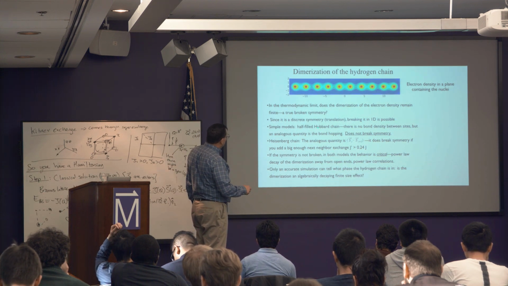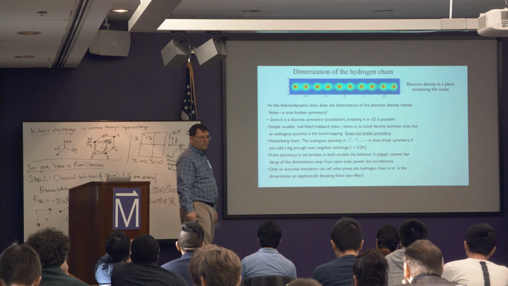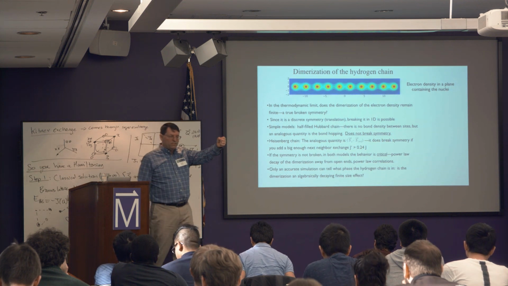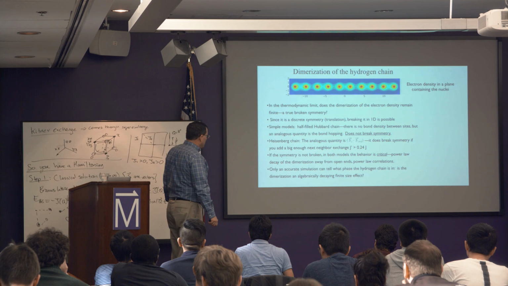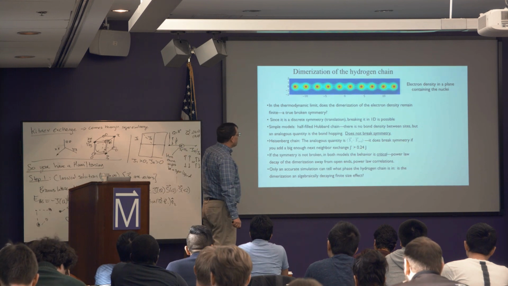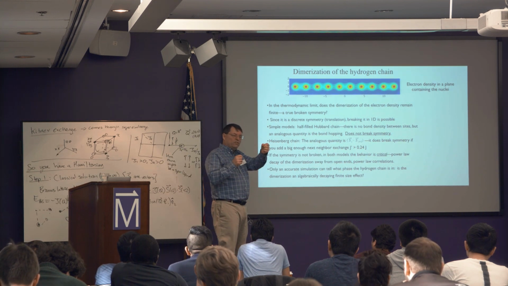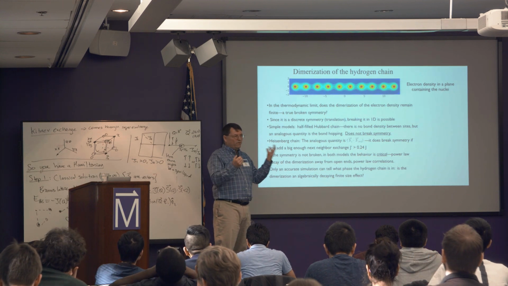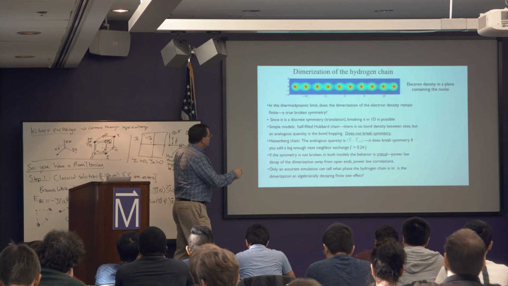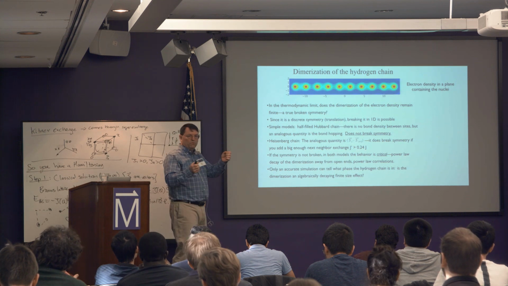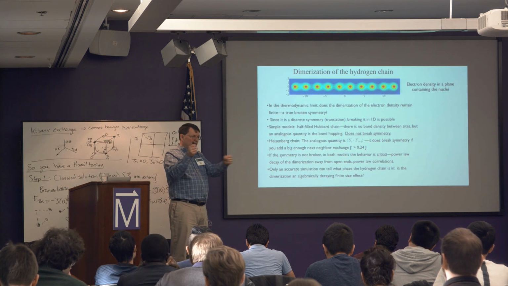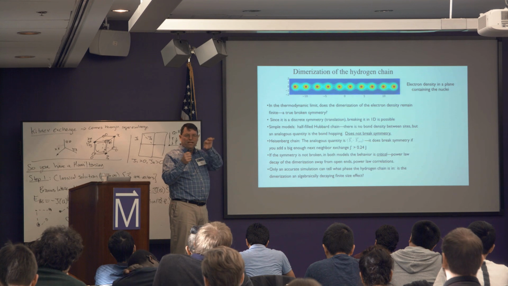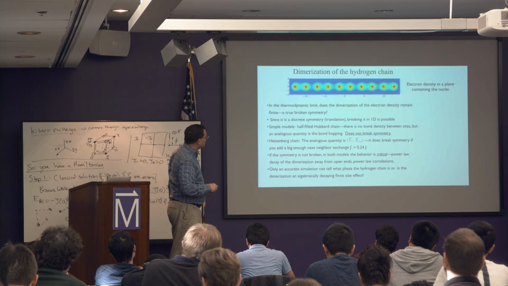This system is very similar to a half-filled Hubbard chain. A hydrogen atom is your ideal case for thinking about a Hubbard site. In the Hubbard model, there's no density in the middle. We only have density on site. So how do we even define this? Well, in the Hubbard model, this would be more associated with the hopping on a bond. That's tied to an extra density in the middle of that bond.